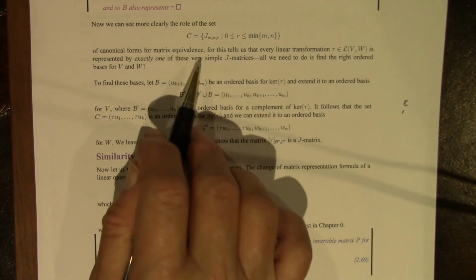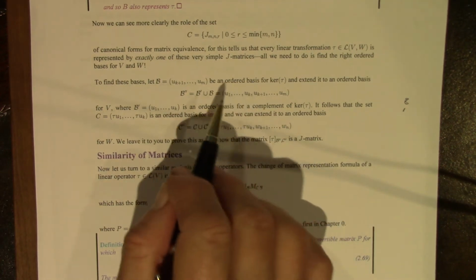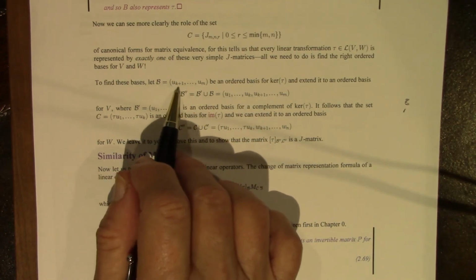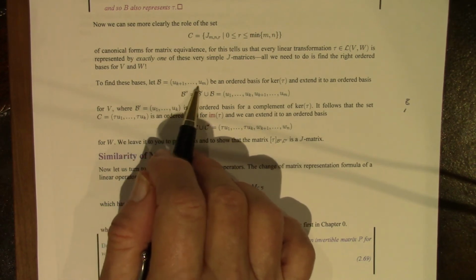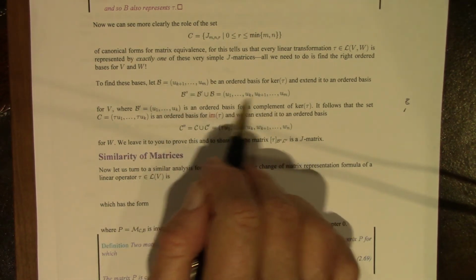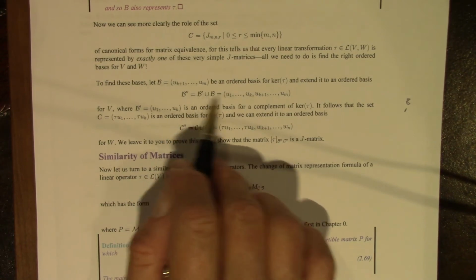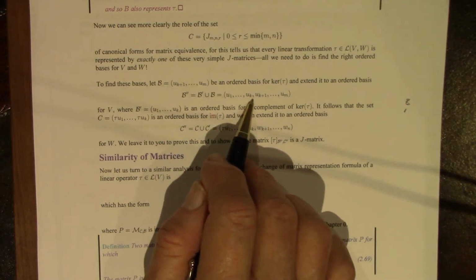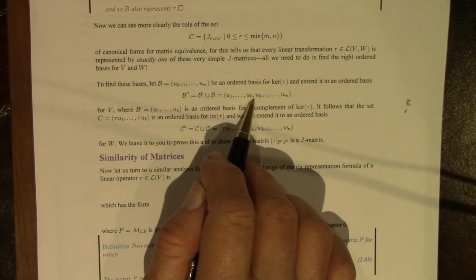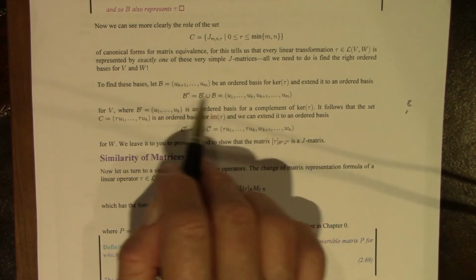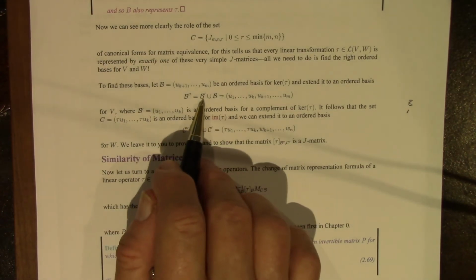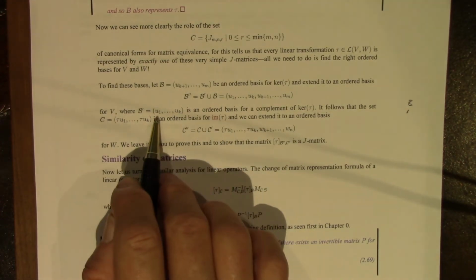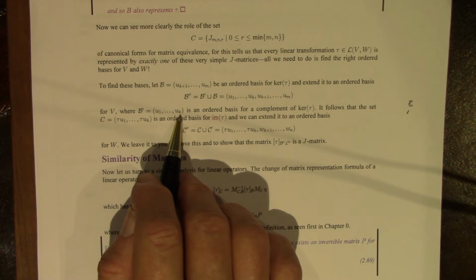the domain V. So I wrote the basis vectors for the kernel as u_{k+1} through u_m, the latter part of this, and then B prime is what you would need to add or include in this ordered basis to get a basis for V. So B prime, which is u1 through uk, is an ordered basis for a complement of the kernel.